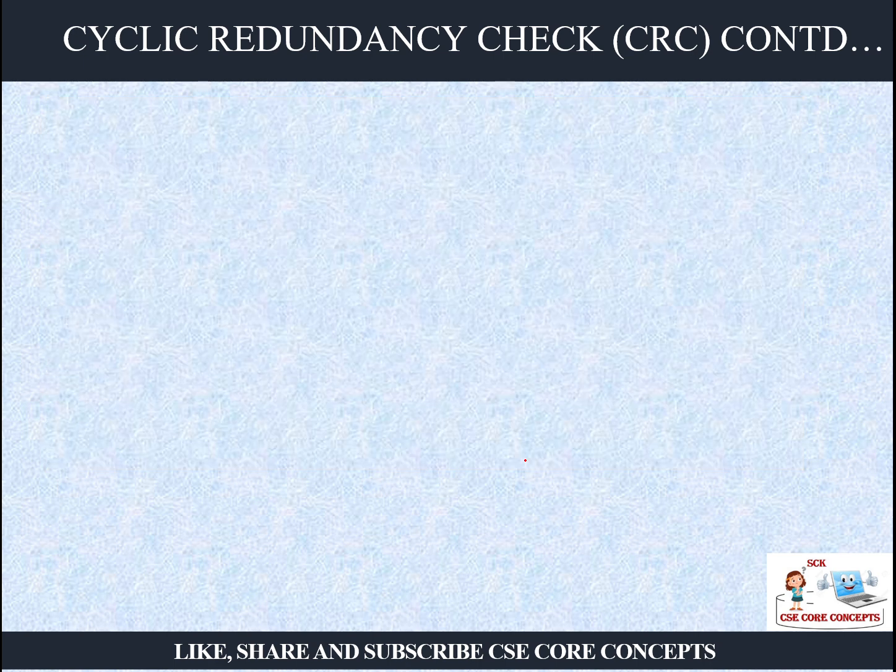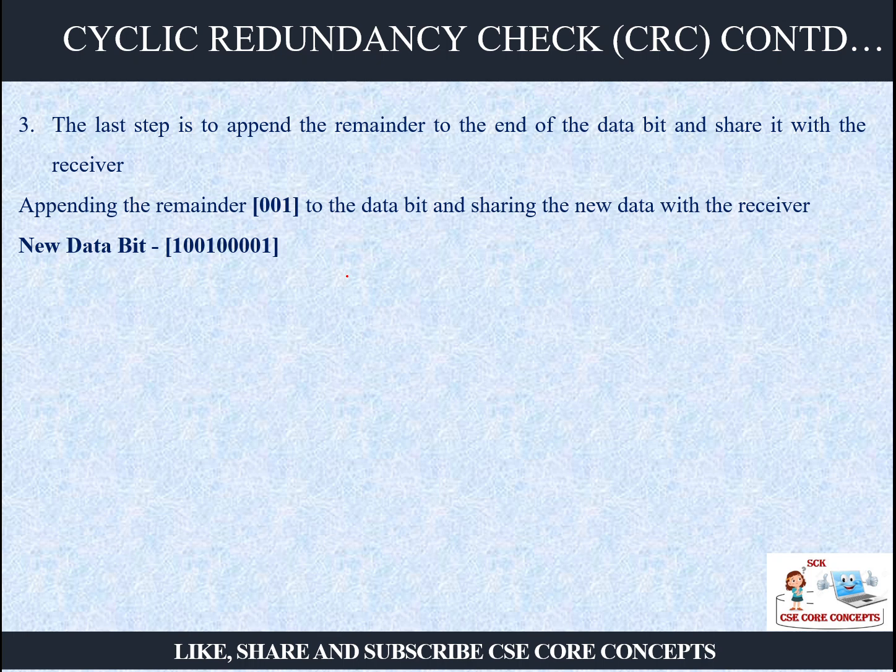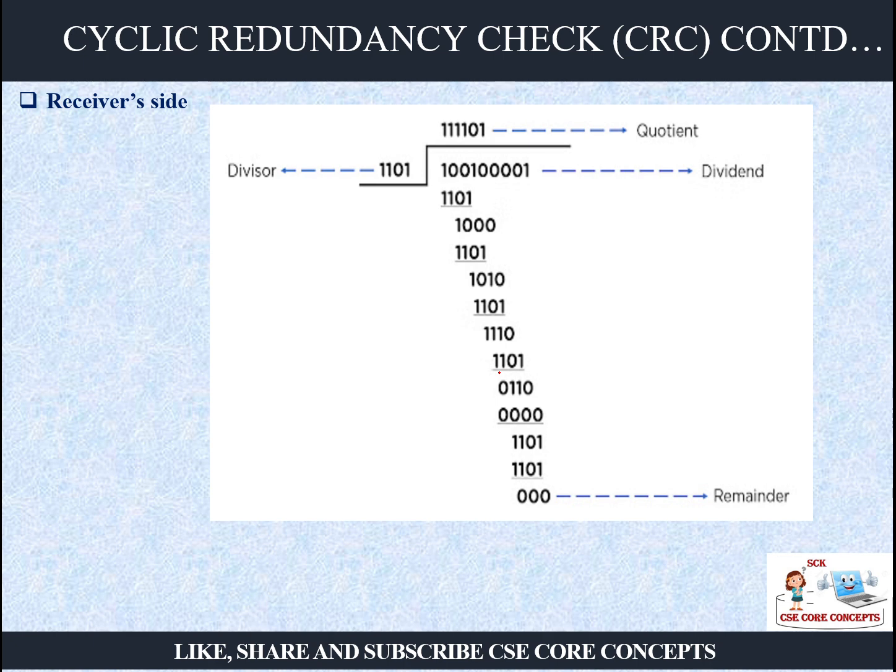Now this remainder has to be appended at the end of the data. So you are going to remove the 3 zeros and instead of those 3 zeros, you are going to put the remainder and this data will be sent to the receiver. The original data suffixed by the remainder got after performing the binary division.